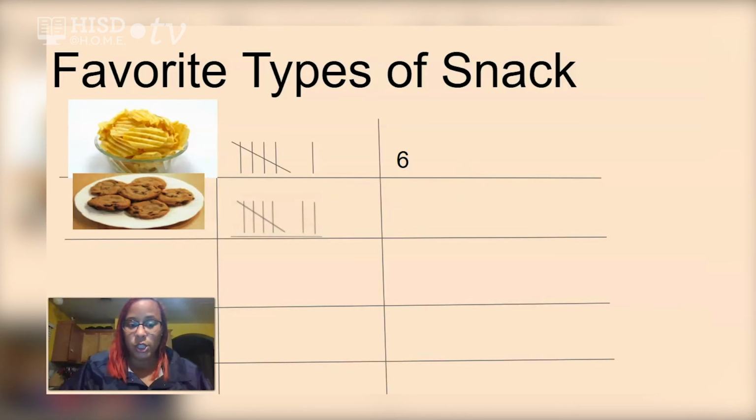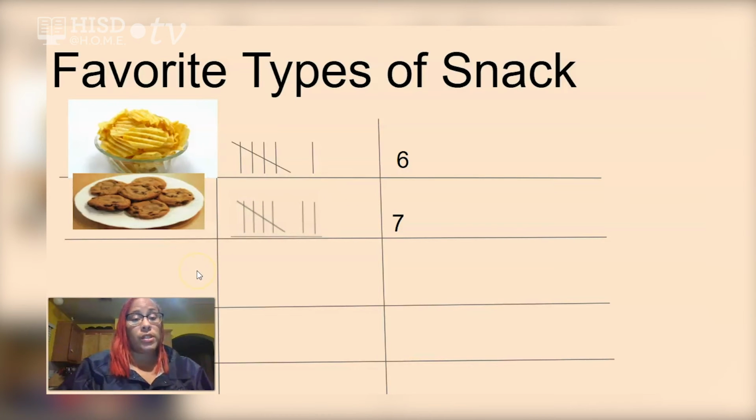Can you tell how many students chose cookies? 1, 2, 3, 4, 5, 6, 7. Yes, 7 students chose cookies. If you said 7, give yourself a fantastic. Fantastic.